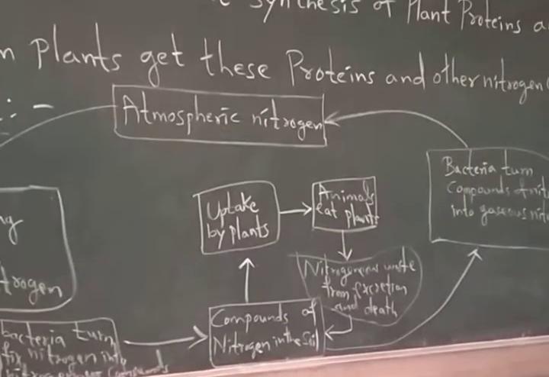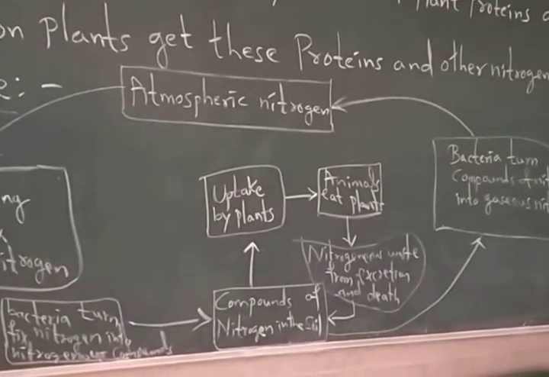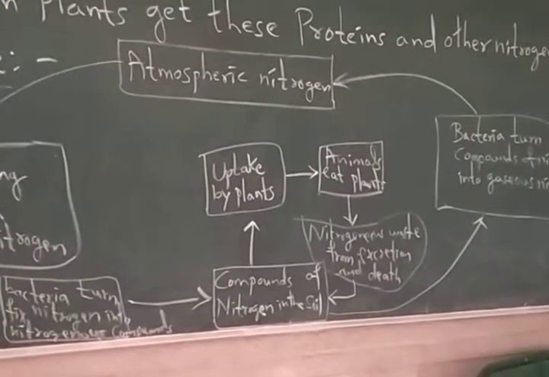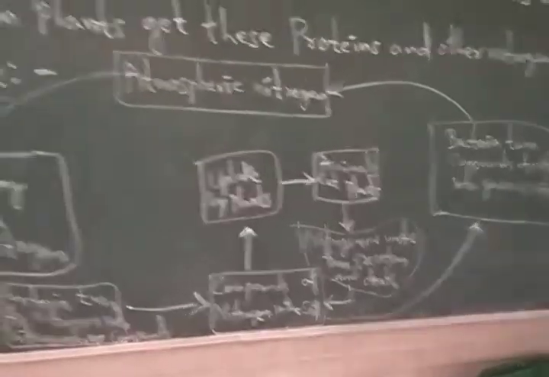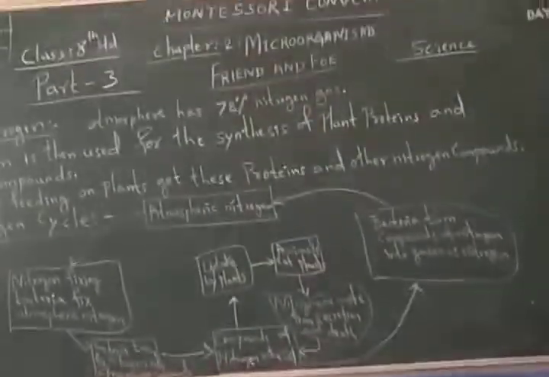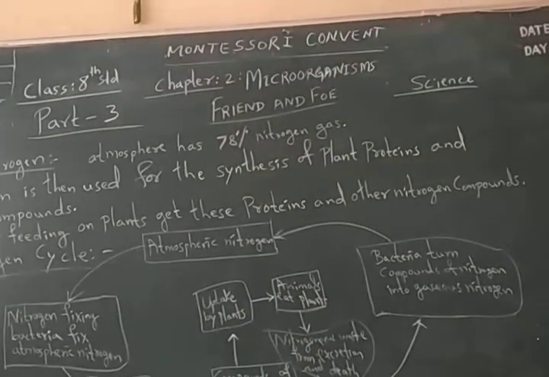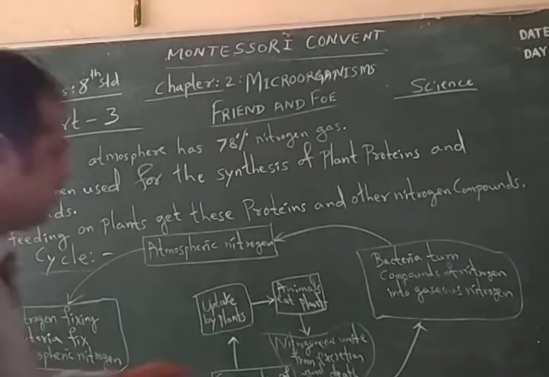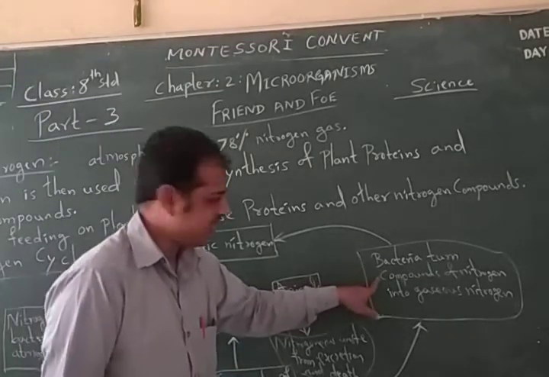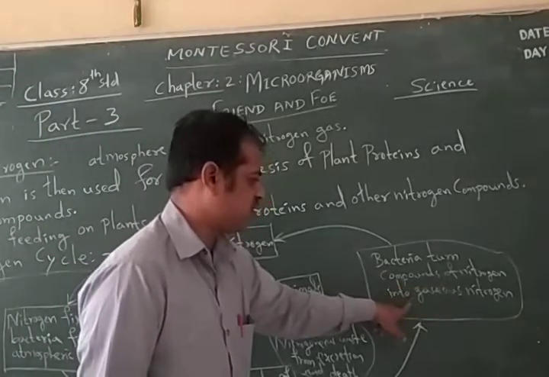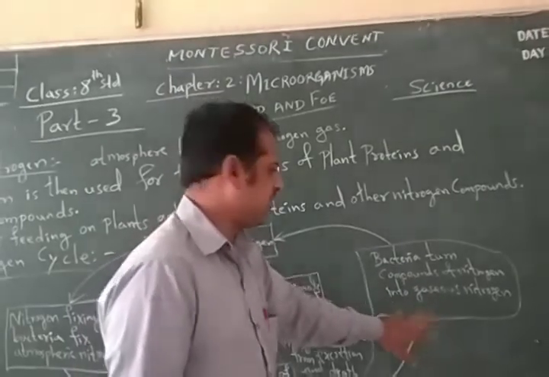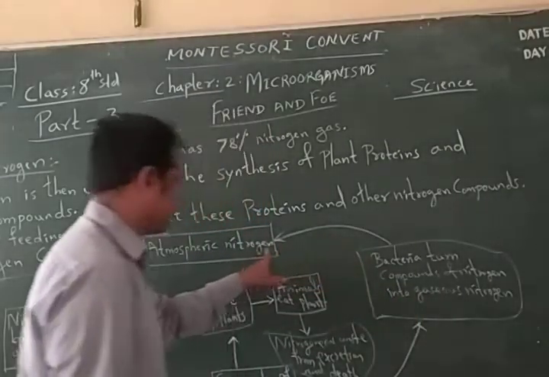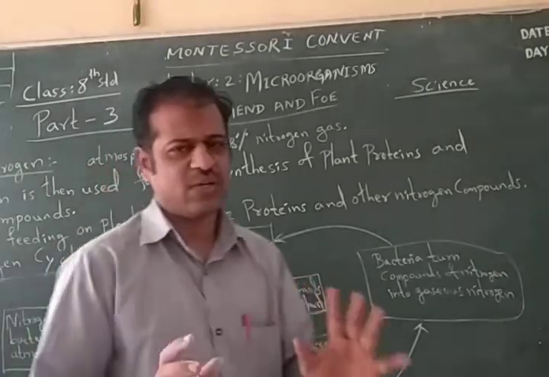Nitrogenous waste from excretion and death of the animals again goes to the soil. Bacteria turn the compounds of nitrogen into nitrogen gas again, returning it to the atmosphere.